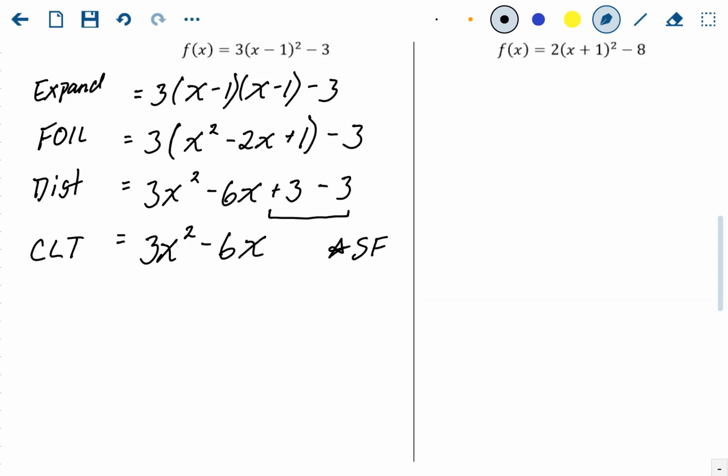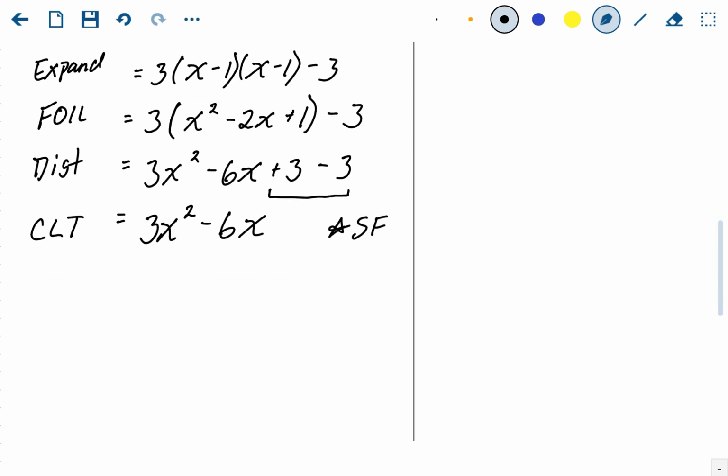We started in vertex form, we are currently in standard form, so now all we do is factor. There's only 2 terms, so it's not going to be a trinomial factor. It's just going to be a GCF. The greatest common factor between 3x squared and negative 6x is 3x. And it leaves behind an x minus 2. All right, and that's fully factored, and that's factored form.